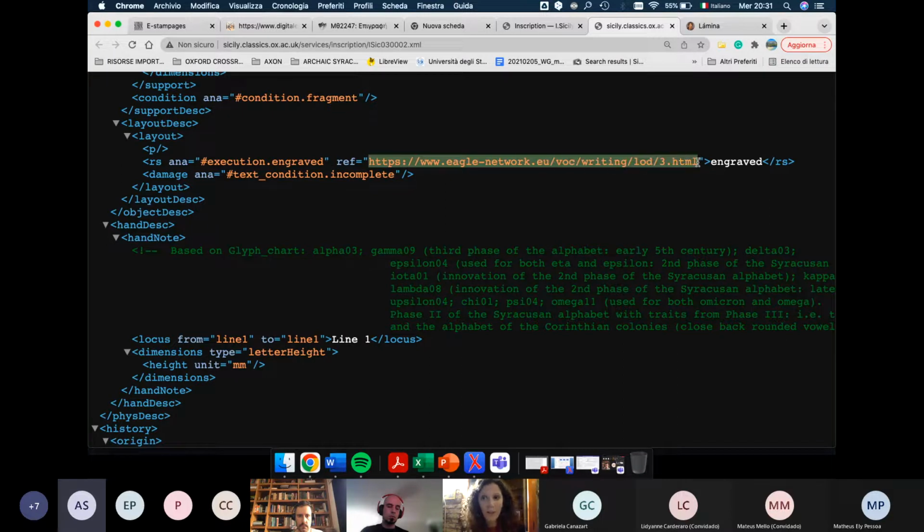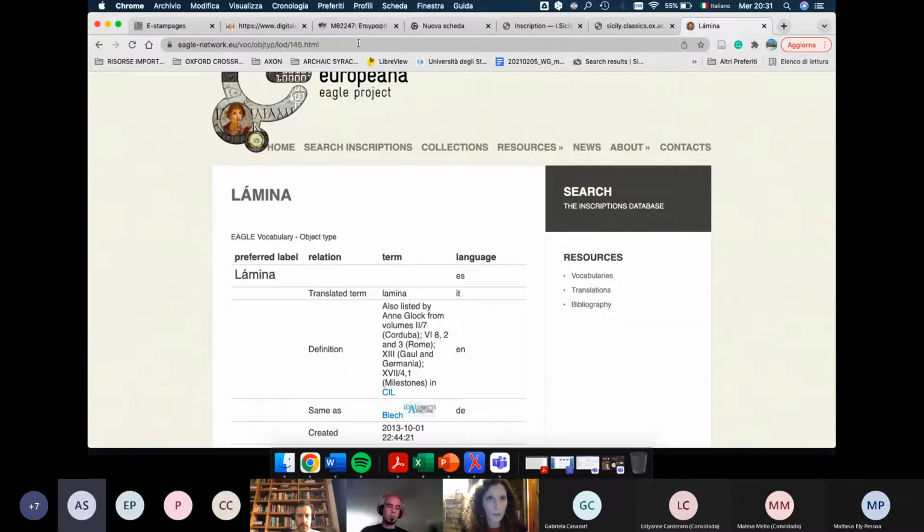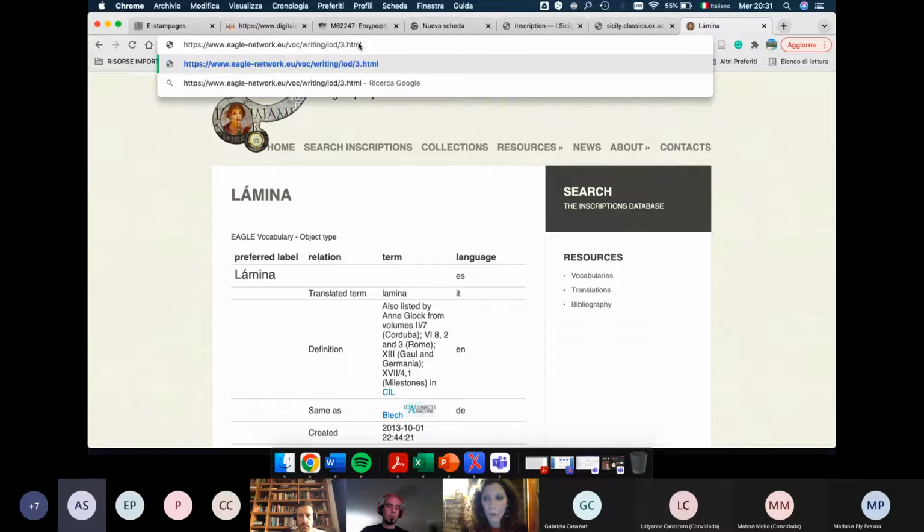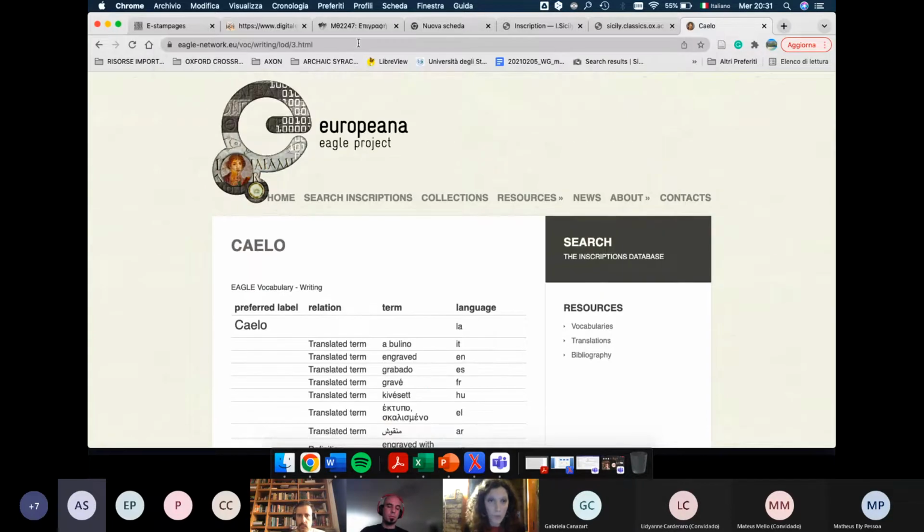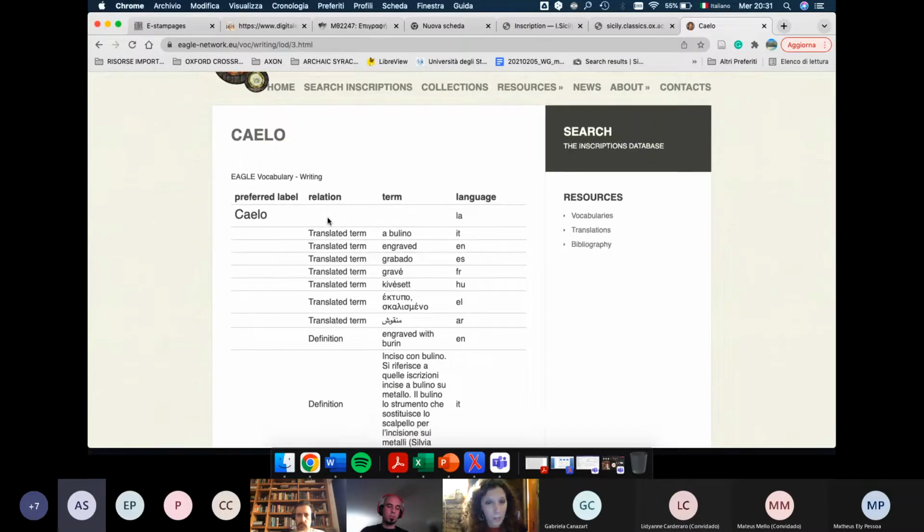Because there are different words that sometimes have similar meanings, it's not so easy. For example, scratched, engraved, and so on are different words that sometimes are not used properly. So the idea is to create a taxonomy in which when you say engraved, you mean actually the technique to carve in the metal.